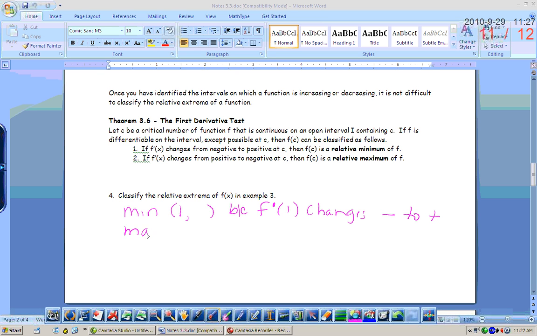And I have a maximum at 0, comma something, because f prime of 0 changes positive to negative. They just require that you justify your answer. And that's the way you have to justify your answer.